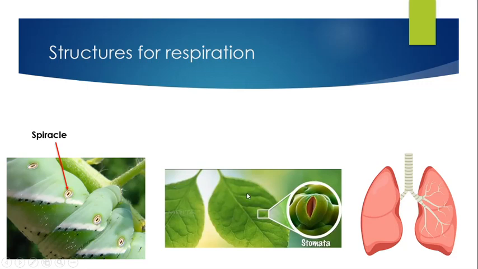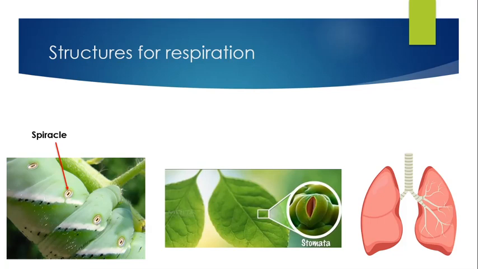In plants, they have another structure, an opening and closing structure. They are called stomata. The stomatal cells also have a similar function, which is the exchange of gas. In insects like the caterpillar, the caterpillars have spiracles.